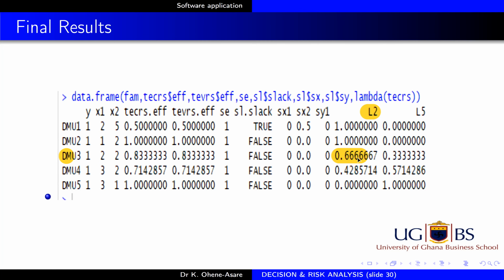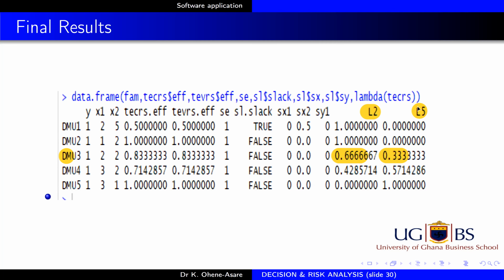But it wasn't only that, it was also a peer for DME5. If you can remember, when you trace DME3, it will hit the boundary between DME2 and DME5. So what this means is that DME3, for it to be efficient, is putting 67% importance on DME2 and 33% importance on DME5.